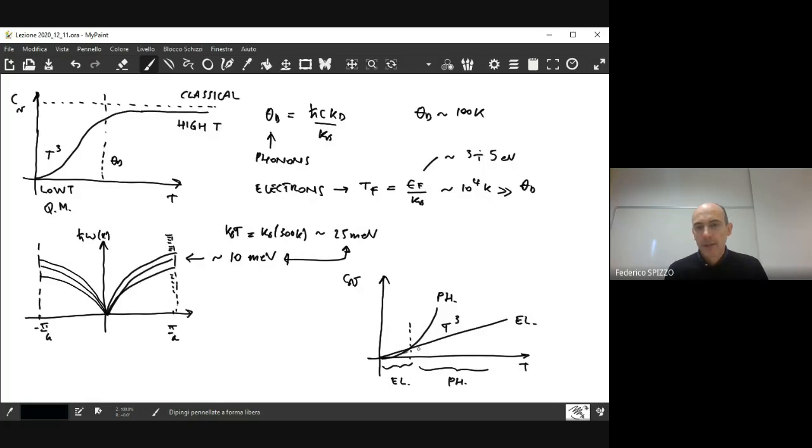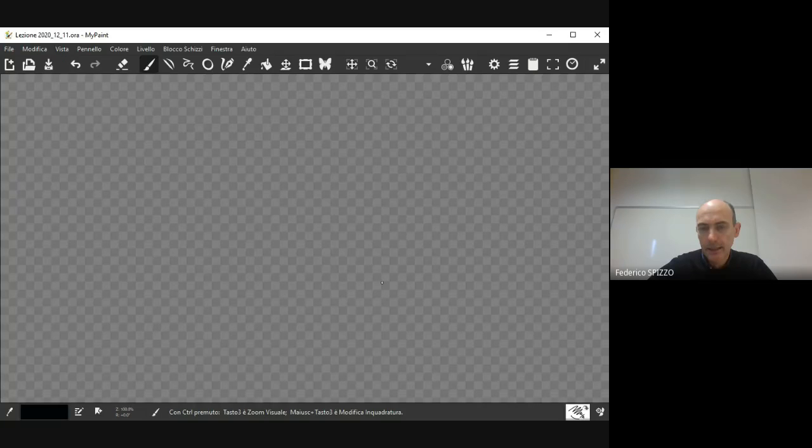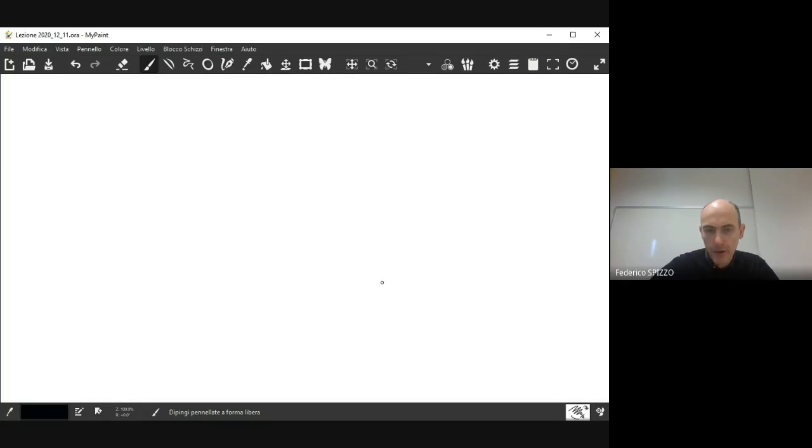So that temperature separates the temperature regime where you may expect to observe a phonon contribution from the temperature range where you may expect to find the typical phonon contribution.